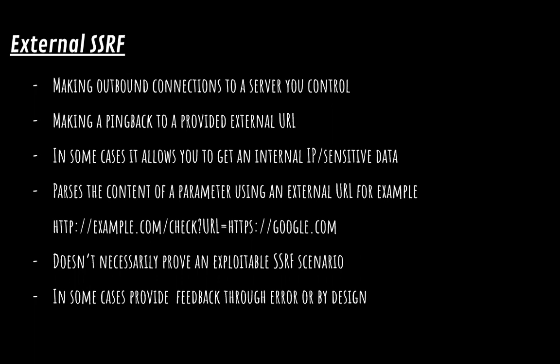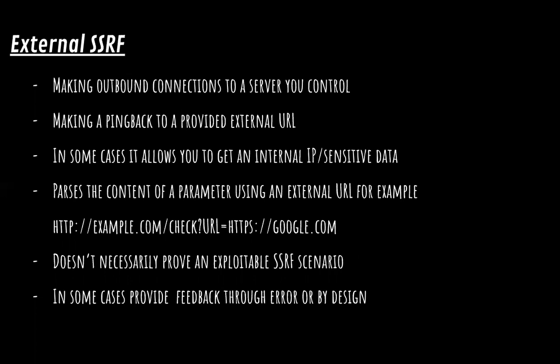And then, of course, you could pass the content of a parameter using an external URL, for example example.com/check, where the parameter is url, and then you try to access google.com. If you pass that, it's present on example.com.